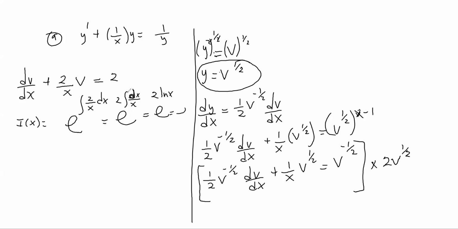So this will be equal to e raised to, these 2 can come up here, so I will have the ln of x squared. So ln can cancel this e, and I will have x squared. Now I'm going to multiply this whole equation by x squared. So I will have x squared times dv by dx plus 2 over x times v will be equal to 2.